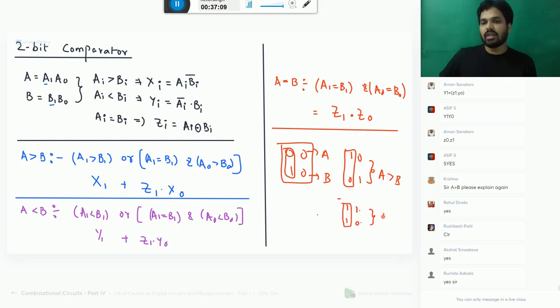Then only I can say A greater than B. Two possibilities are there. First case is check whether A1 greater than B1 or not. MSB is more or not. No. Then check if they are equal. Check the next bit. Then only I can say A greater than B. Krishna, please see. Tell me if it is clear or not.